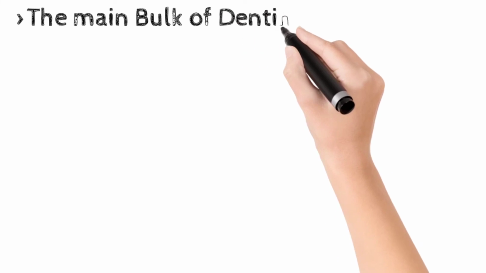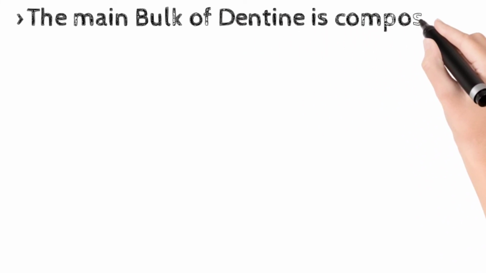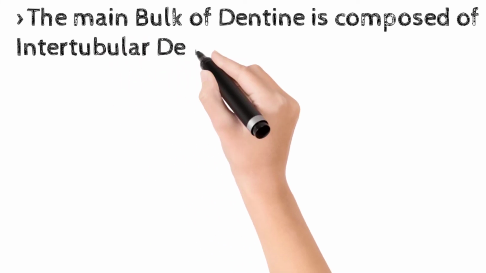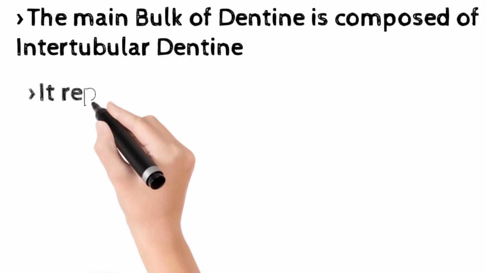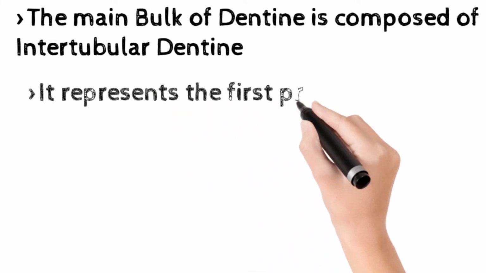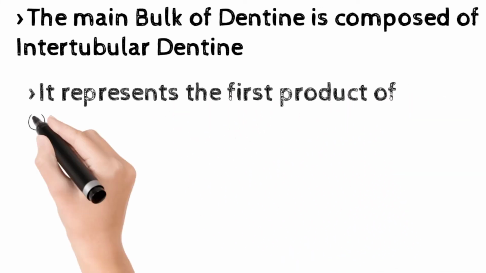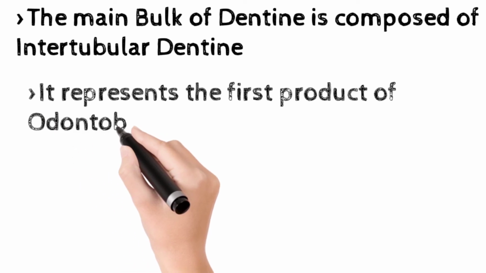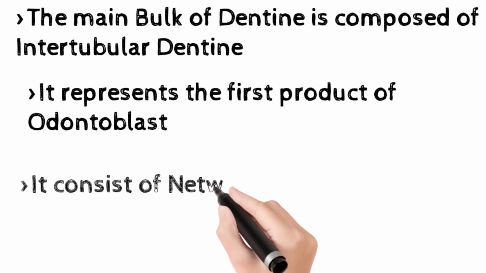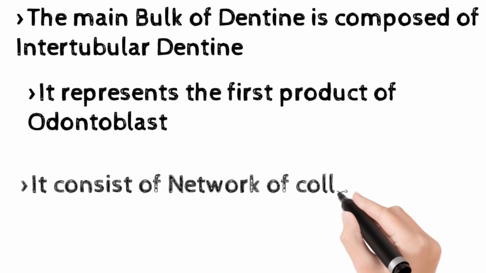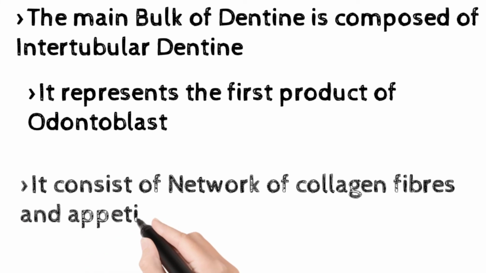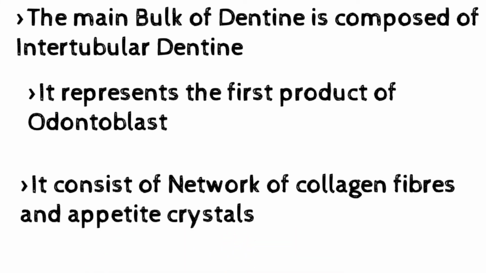Now the main bulk of dentine is composed of intertubular dentine, and it represents the first product of the odontoblast cell. It consists of a network of collagen fibers and apatite crystals.